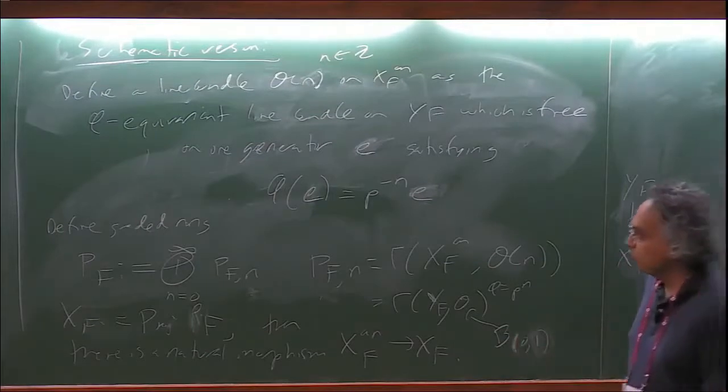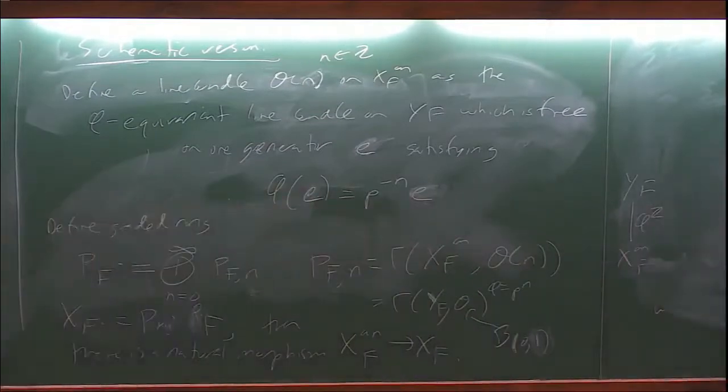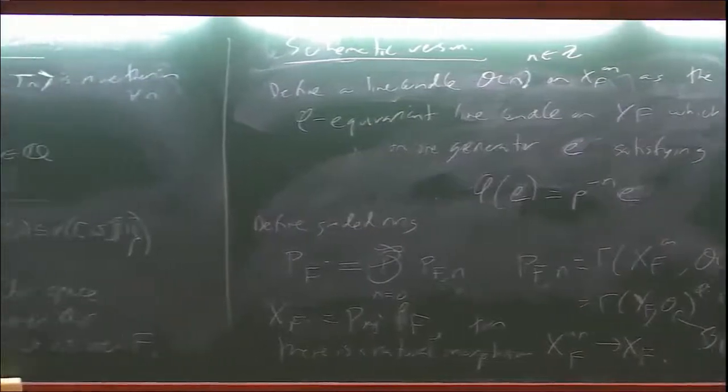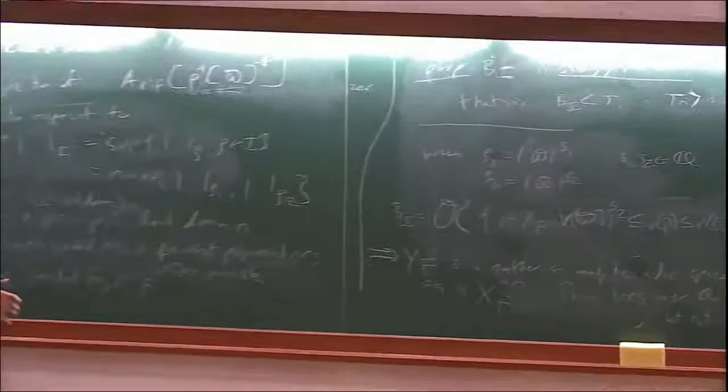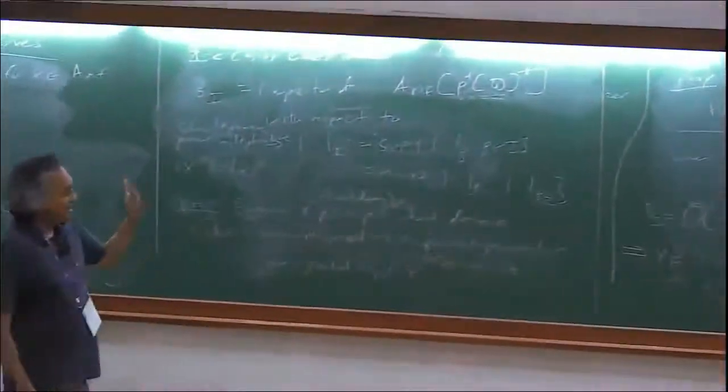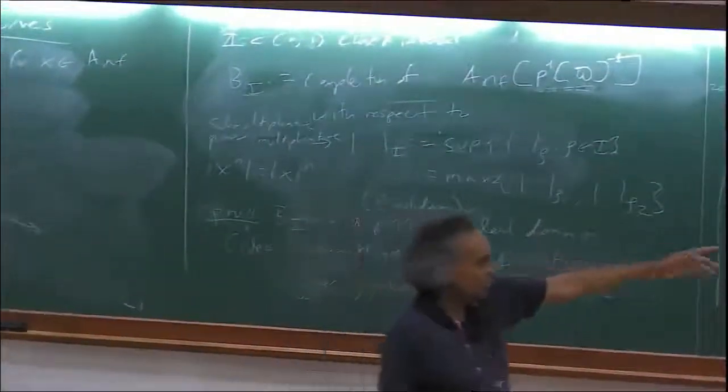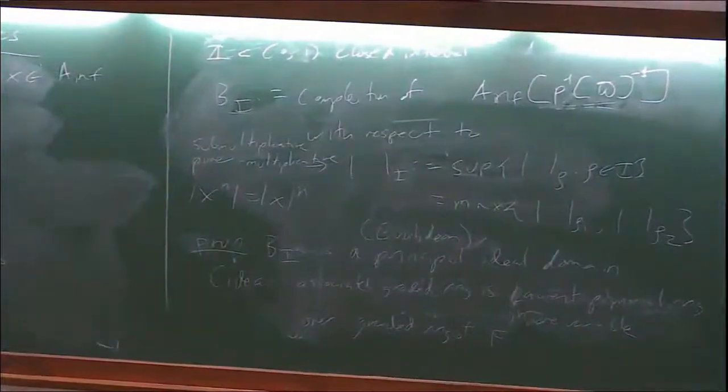Except that's not a Banach completion, that's a Fréchet completion. If you take all of the norms on A_F, localized, you can take a Fréchet completion where a sequence has to be Cauchy for each norm individually, but not uniformly. And if you do that, that's actually equal to the global sections of Y_F, because Y_F is a quasi-Stein space.